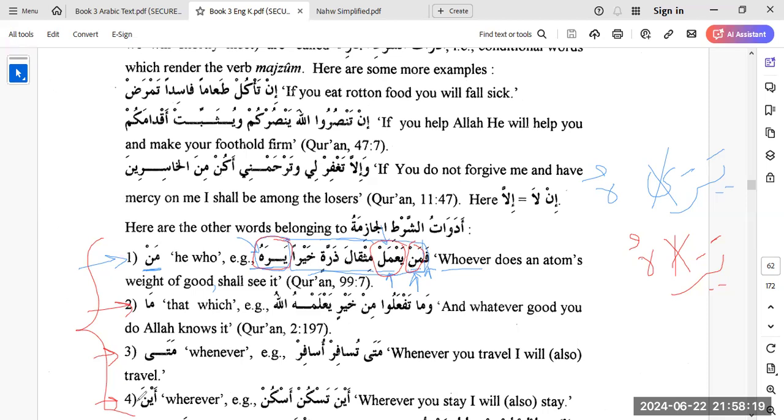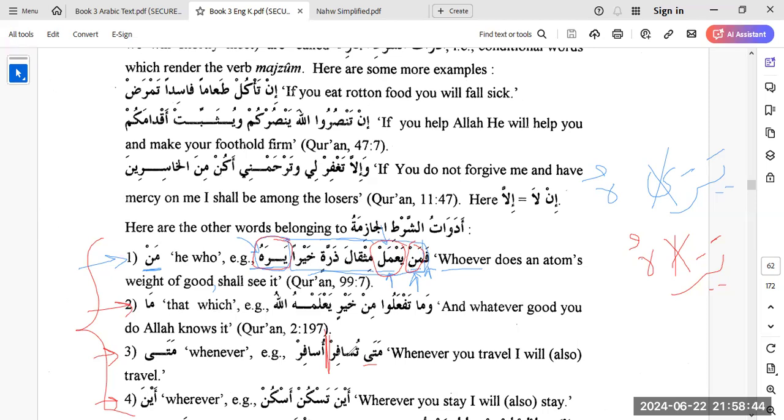What follows it? If the verb following all of these is fi'lun mudari majzoom, then it's not istifham, it's a conditional sentence. Mathalan, we have mata tusafir. So you're not translating this as when are you traveling? Then it would have been mata tusafiru. Mata tusafiru marfu. If it's mata tusafiru, it will mean when are you traveling.